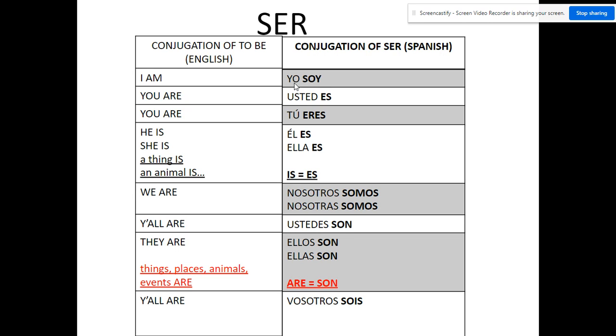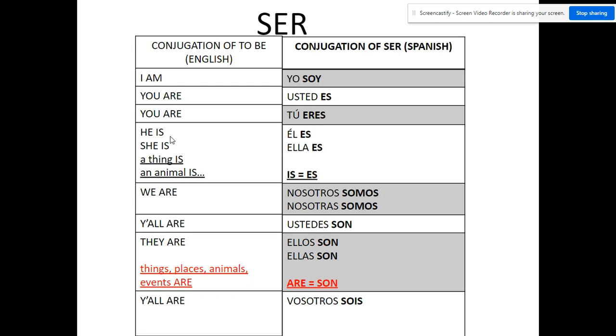Okay? If you're using you, the formal form that is usted, then are is going to be es. You are means usted es. If it is an informal conversation and you're using tú, then you are is tú eres.